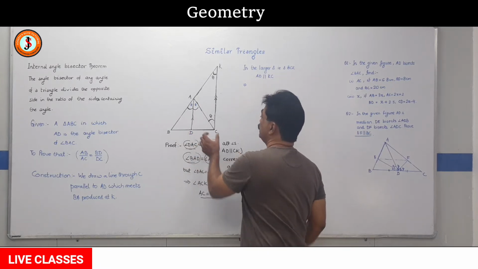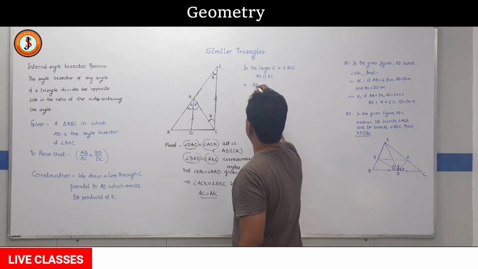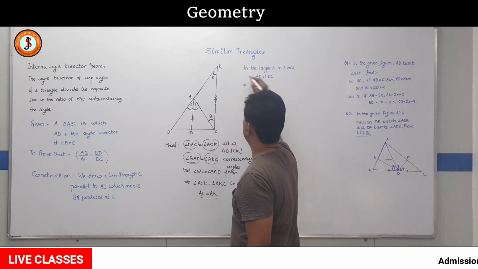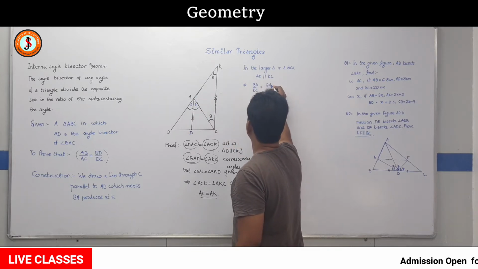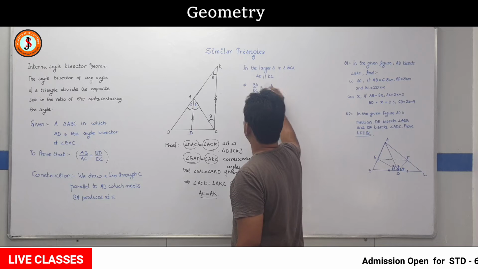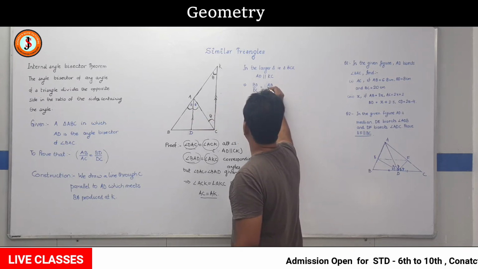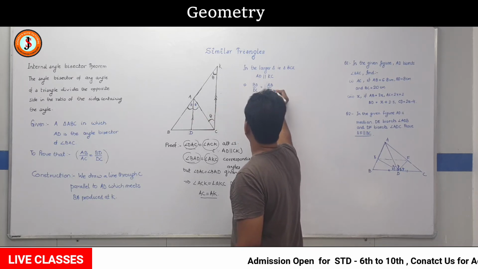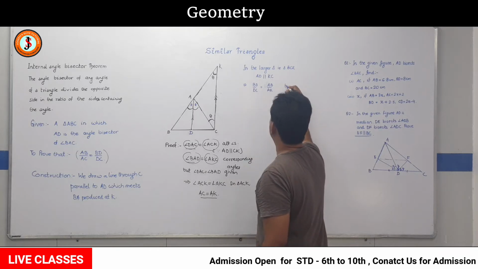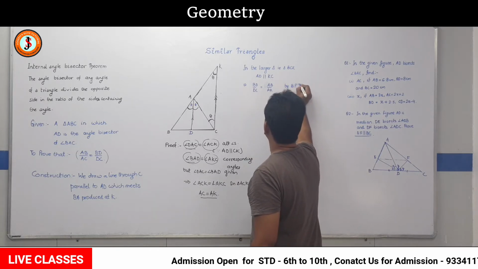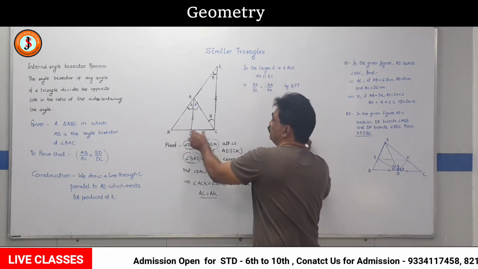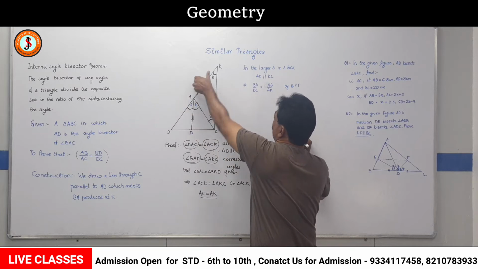So BD by DC is equal to BA by AK, or AB by AK, by BPT, basic proportionality theorem. So BD by DC is equal to AB by AK.